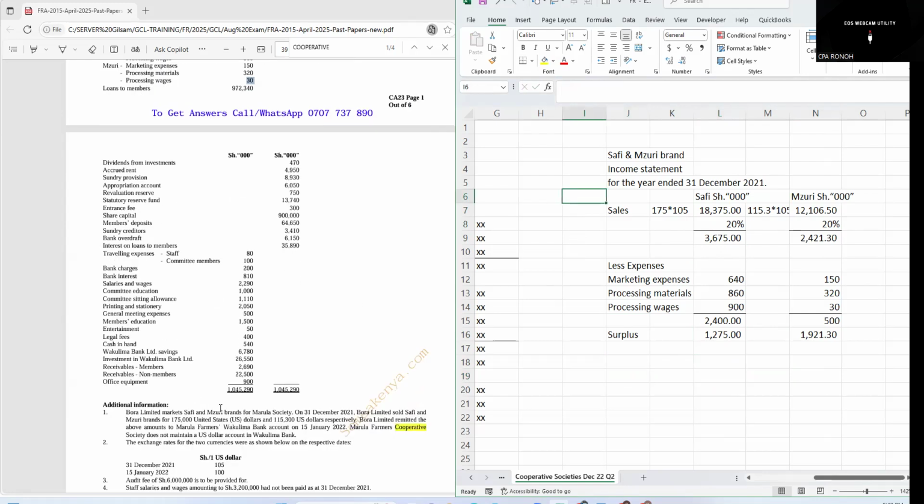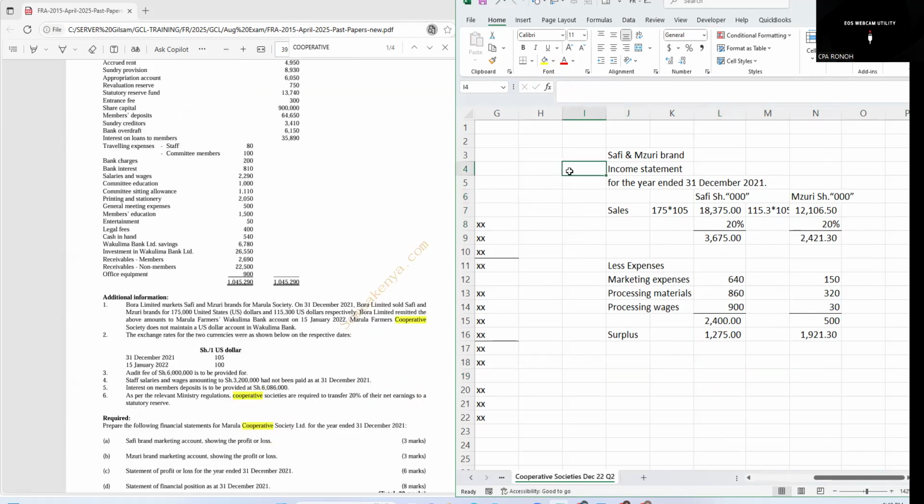So that was part A and B. We have answered A and B. If there is a question, you are free to ask.